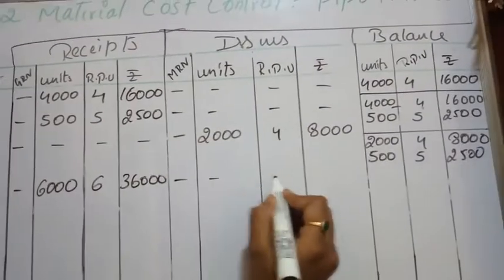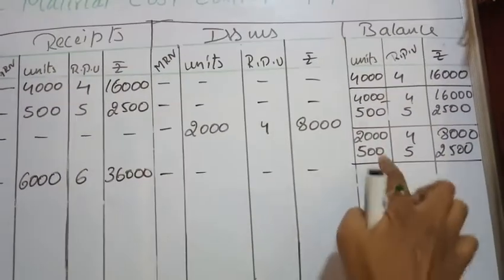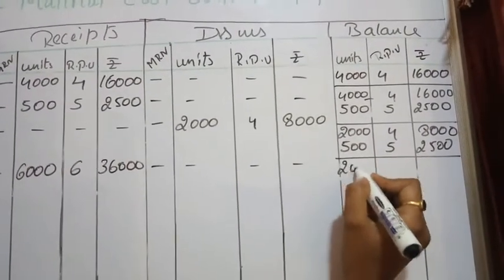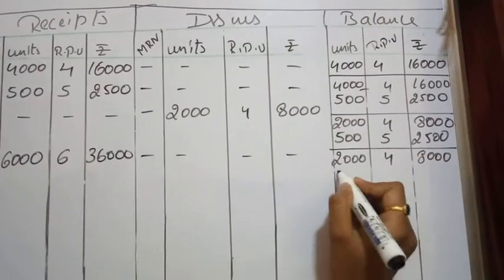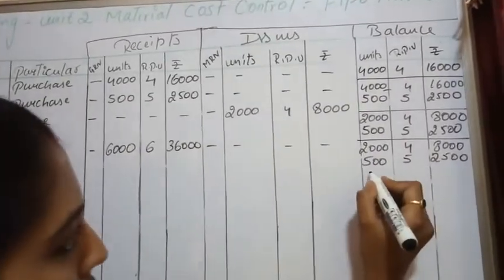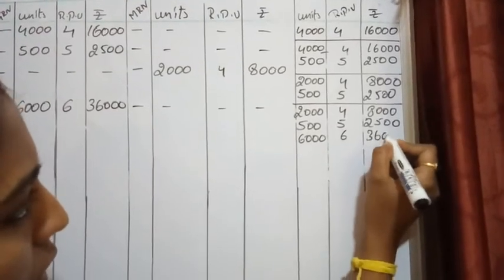Now the issue column will be nil. Now I have to record the balance first, and then the 6,000. So 2,000, 4, 8,000 as it is, 500, 5, 2,500 as it is. Now this 6,000, 6, 36,000.